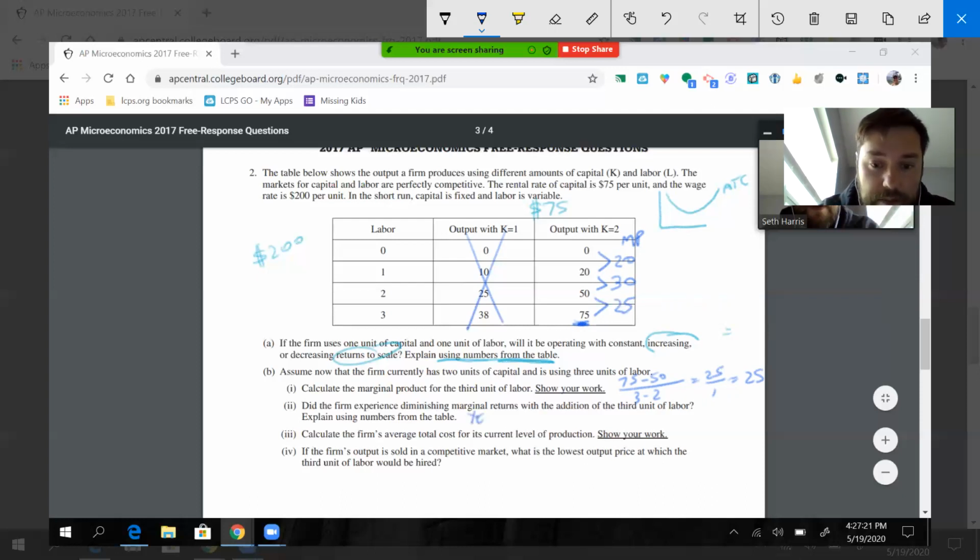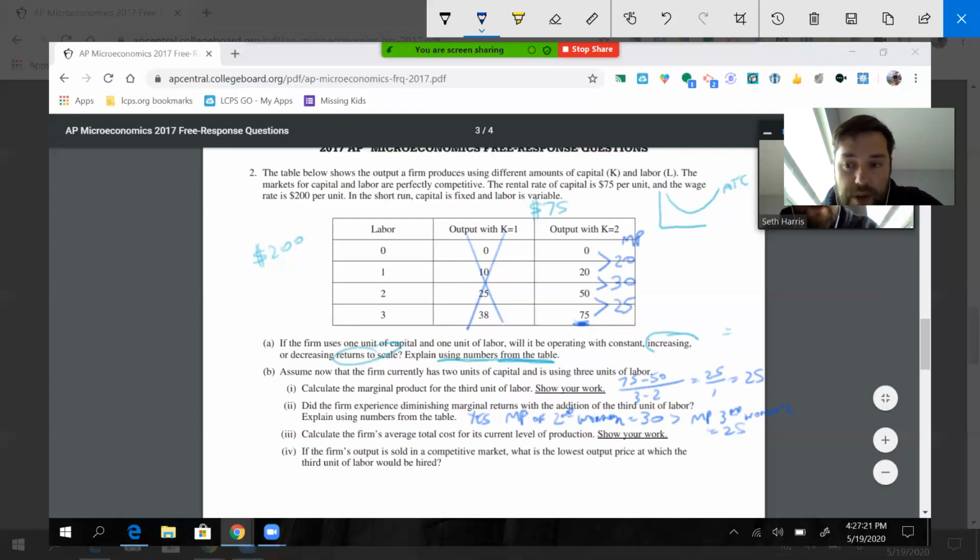So yes, the marginal product of the 2nd worker is 30, which is greater than the marginal product of the 3rd worker, which is 25. Some explanation based on those numbers, that 25 is less than 30, would suffice for using numbers from the table.